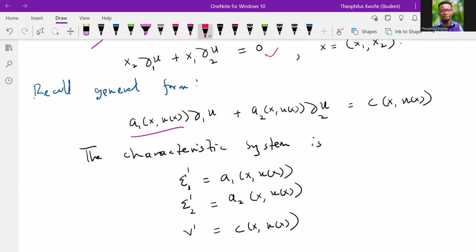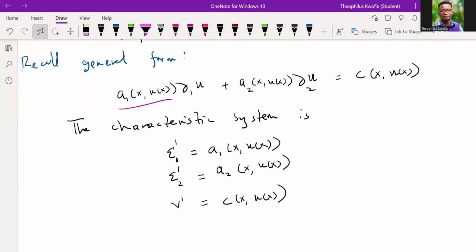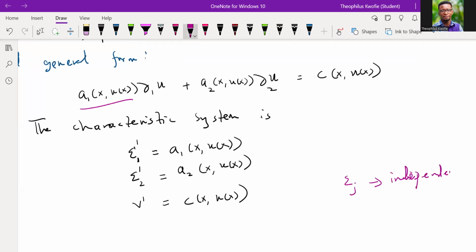But remember that I also pointed out that your Xi_j's correspond to the independent variables.